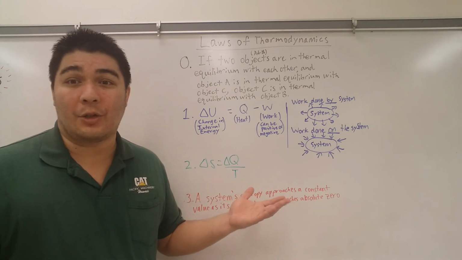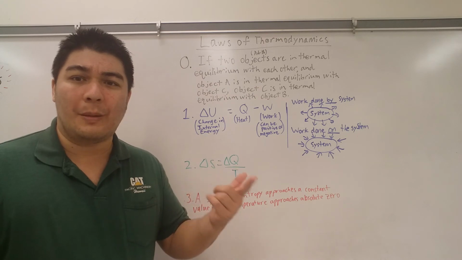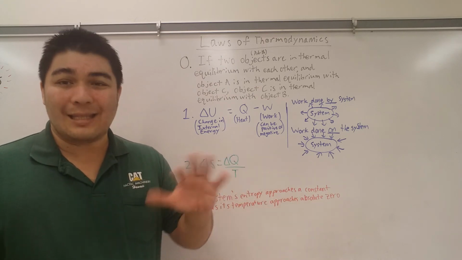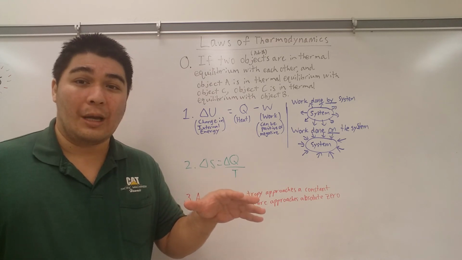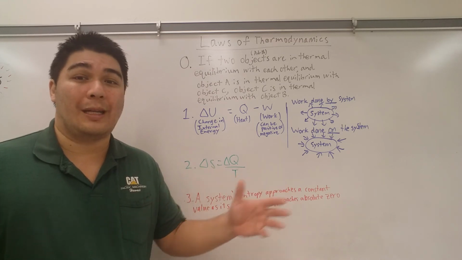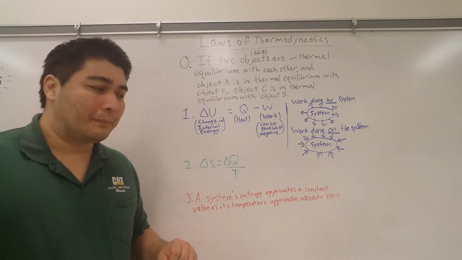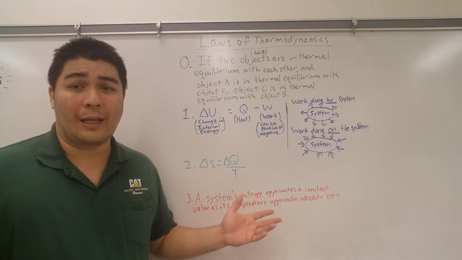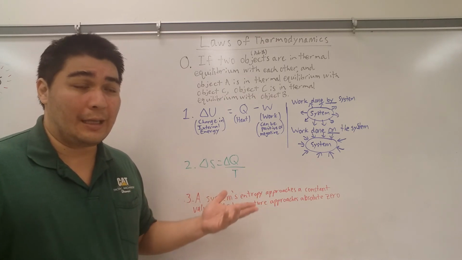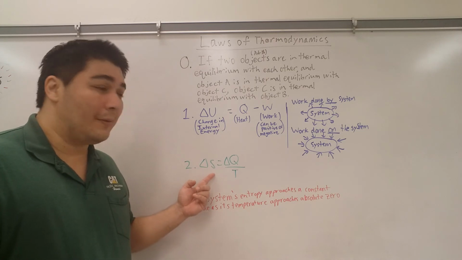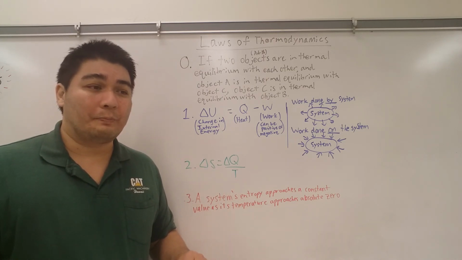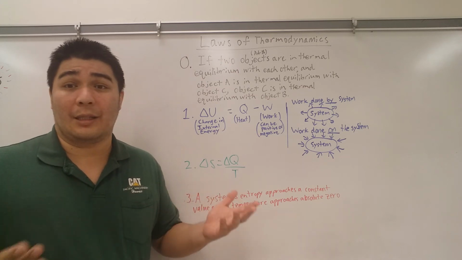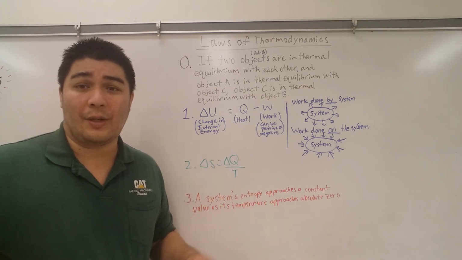And some of you might be thinking, oh, so entropy means disorder. Yes and no. On a surface level, you can think of entropy as disorder, but it's not really the best way to think about entropy. I'll go over that in another video. But the entropy of the universe must always go up with every natural process. I'll explain what that even means in another video as well.